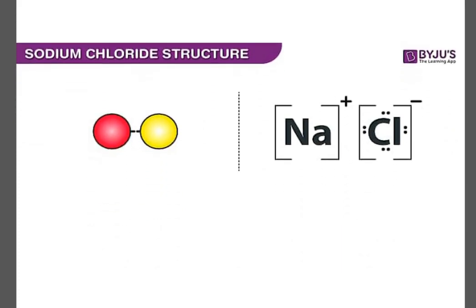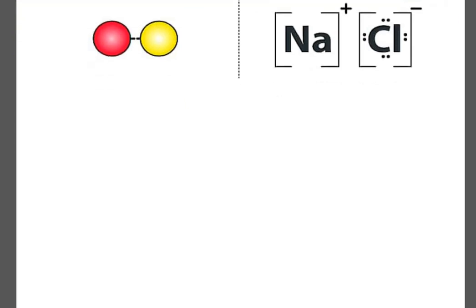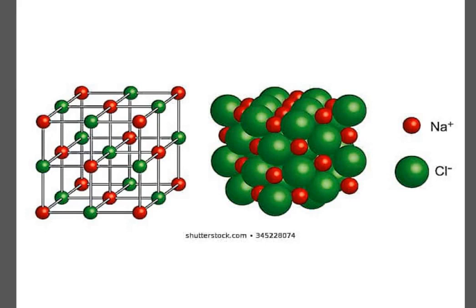Or the other way of representing the same: you can see the pink ball is representing the sodium ion and the yellow colored ball is representing the chloride ion. So that is how the sodium chloride structure can be represented. This is again the structure of sodium chloride shown here.